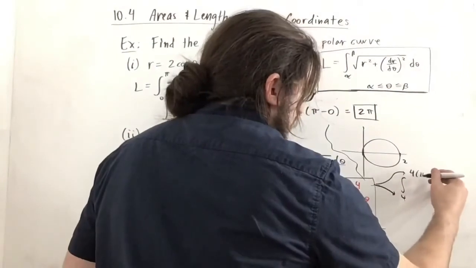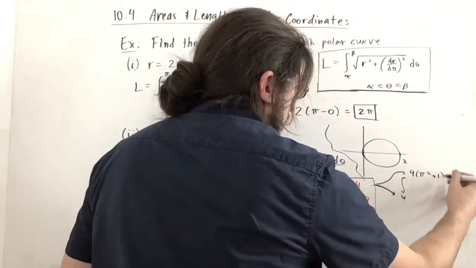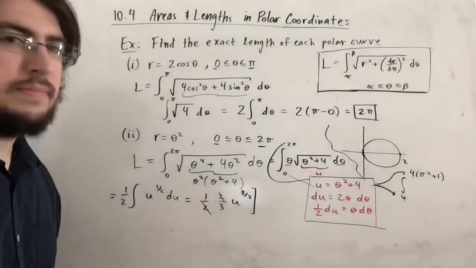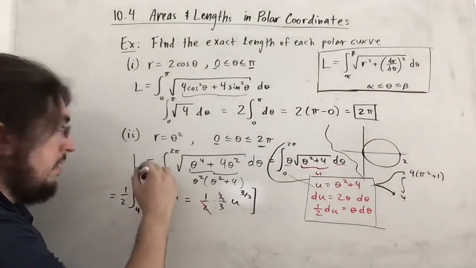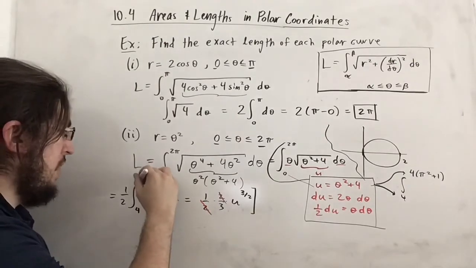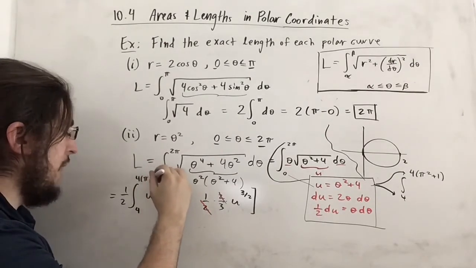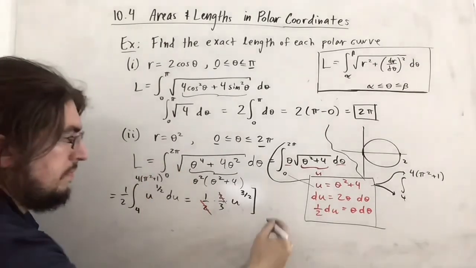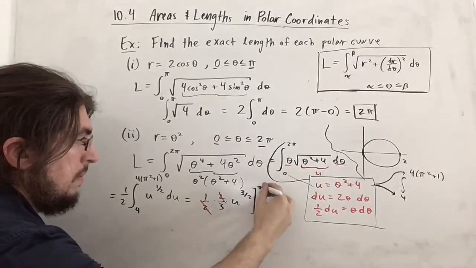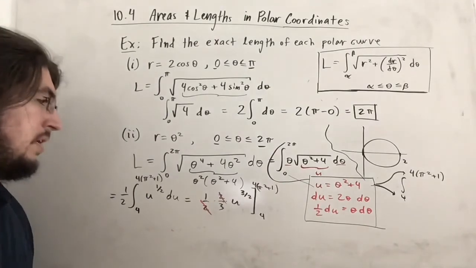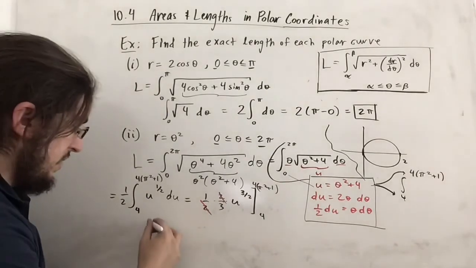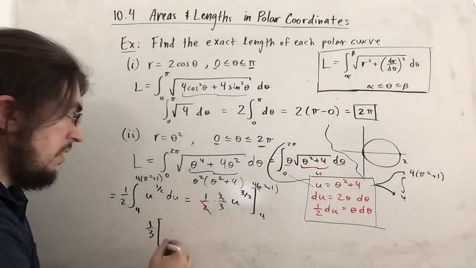So I'll write it like this, 4 outside of pi squared plus 1. I'm just factoring it really. So on the bottom we'll have 4, on the top we'll have 4 outside of pi squared plus 1, but that 4 is on the outside. There we go. Right, so now this is 1/3, and then let's do our evaluation.